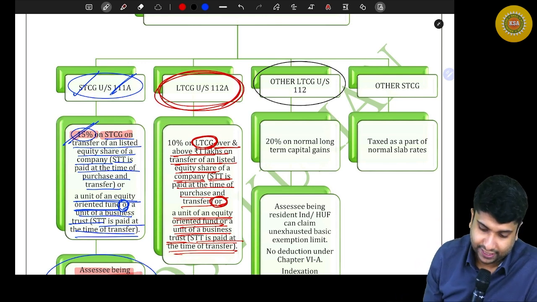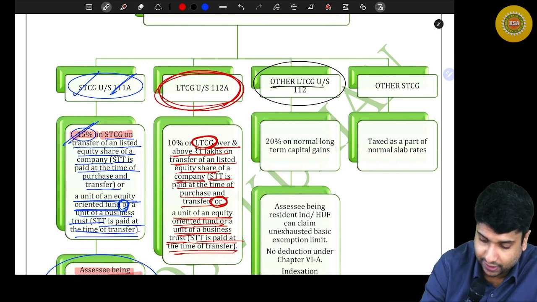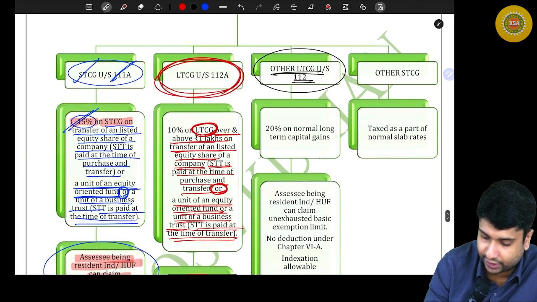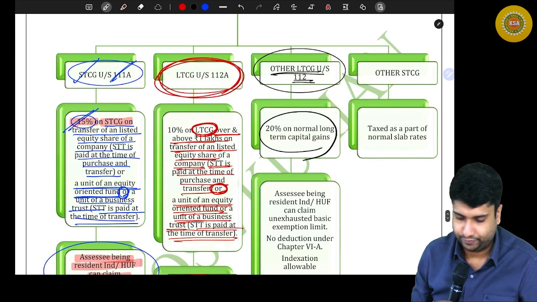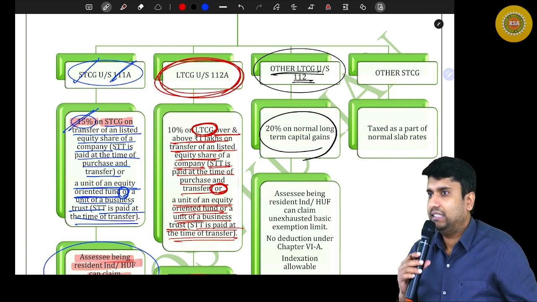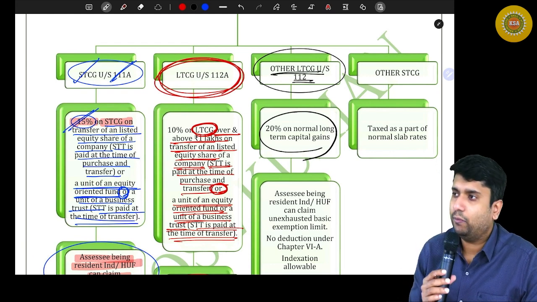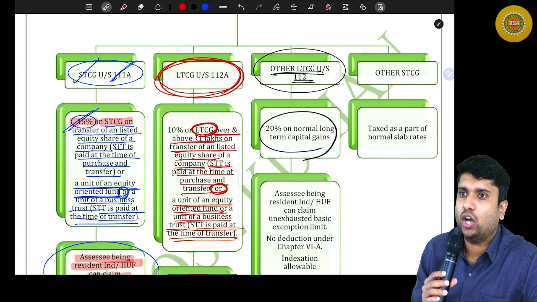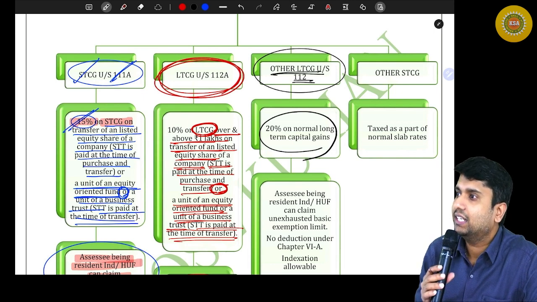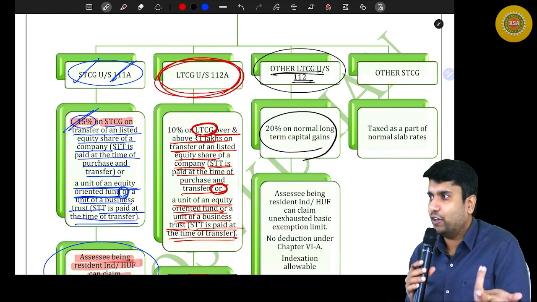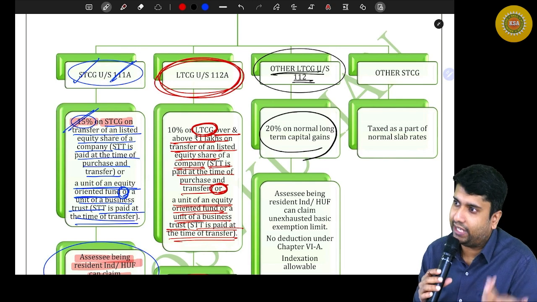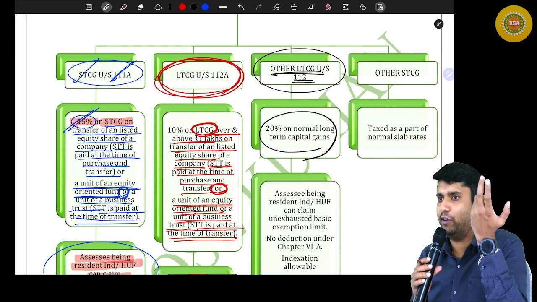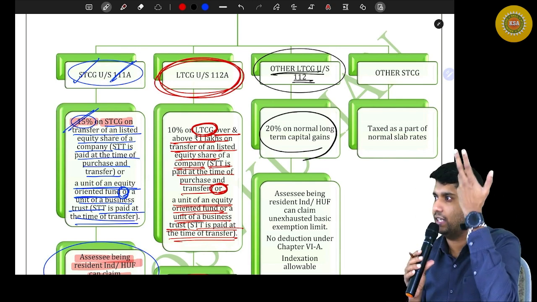Moving on with the next one, that is other long-term capital gain under 112. Can you read the first box out of it? Can you give me an example for other long-term capital gain? Transfer of land, transfer of building, transfer of jewelry, transfer of drawing, transfer of painting, whatever it is.